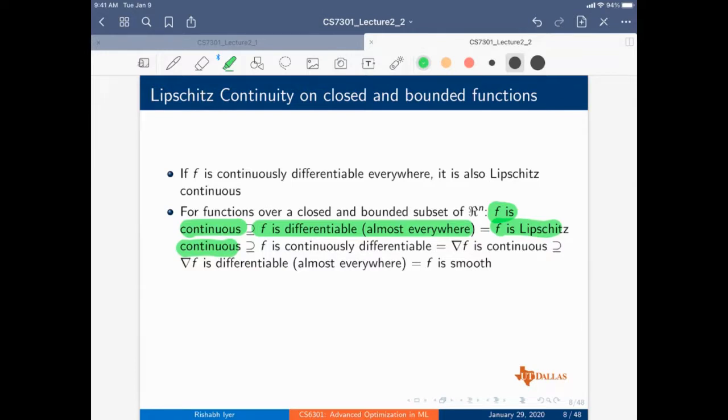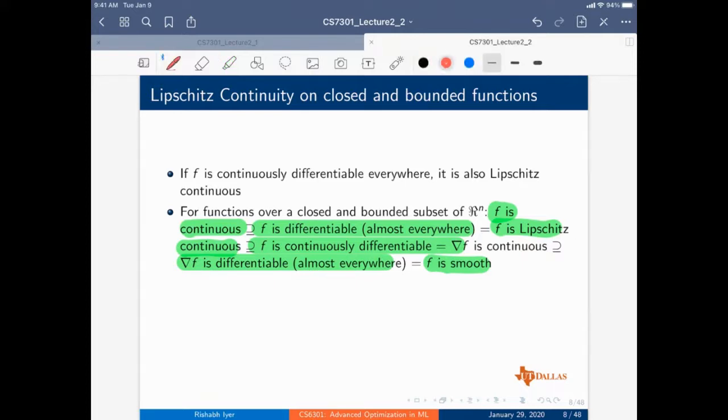But in turn, this is larger than the set of points where f is continuously differentiable. So basically, we are going into smaller and smaller subsets now, and finally you have the case of smoothness, which is equal to the gradient of f being differentiable everywhere, right?